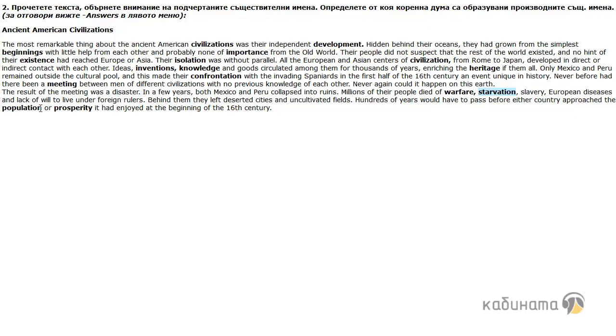We said warfare is a compound noun, it comes from war and fair, and starvation comes from the verb to starve. We have two more. Population, the verb is to populate, and prosperity comes from the verb to prosper.